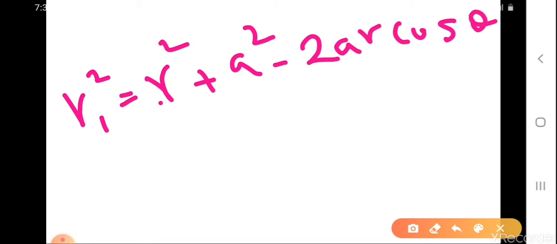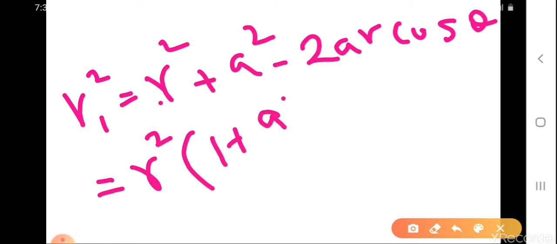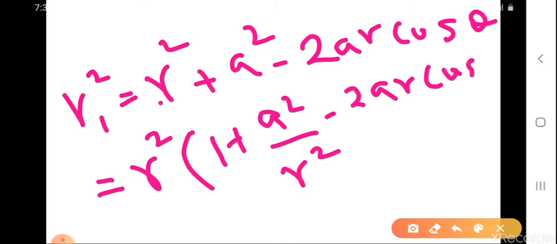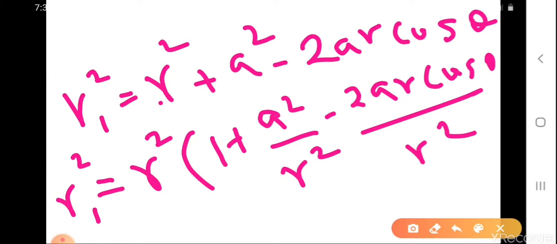You take R square out: 1 plus A square by R square minus 2AR cos theta by R square, times R square. This is what is called R1 square. You can look at it in your notebook, which you have written as notes.